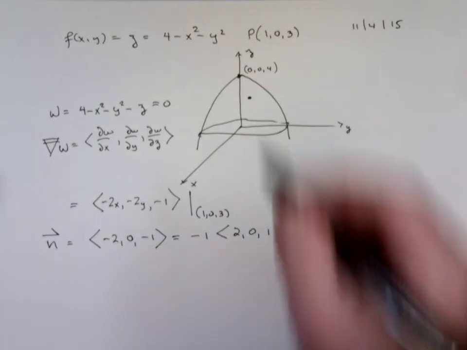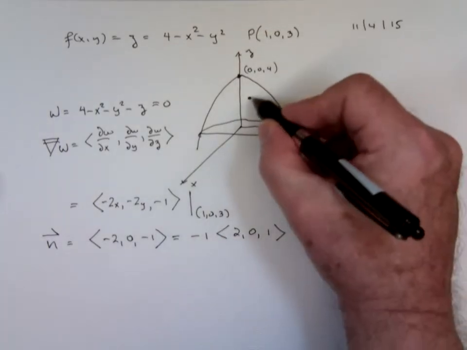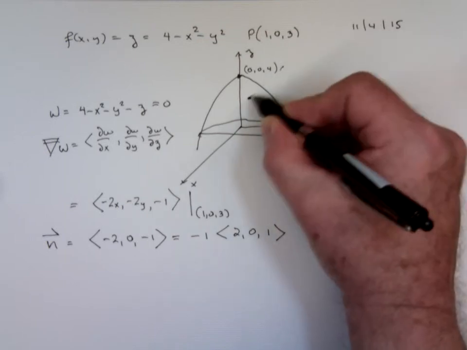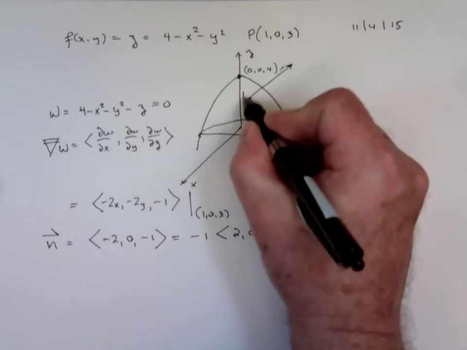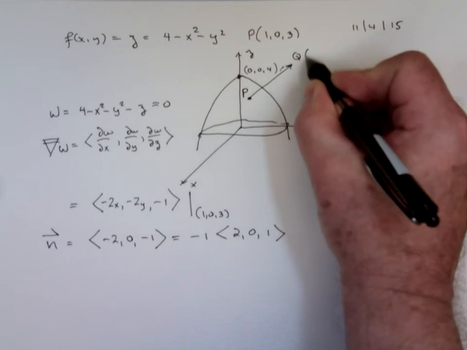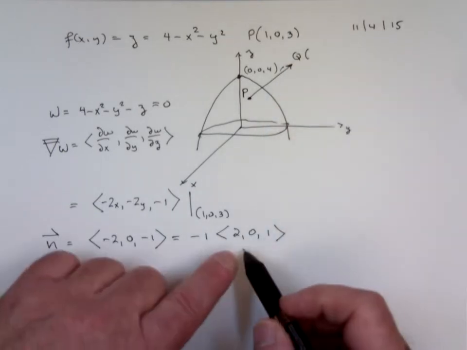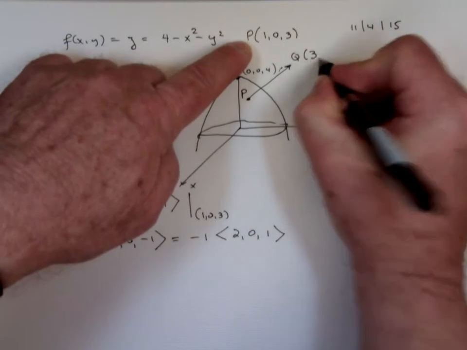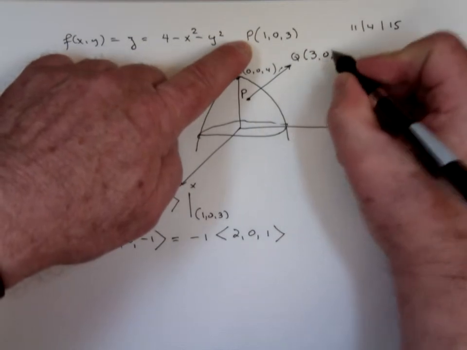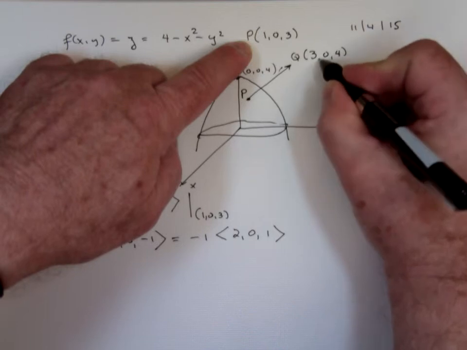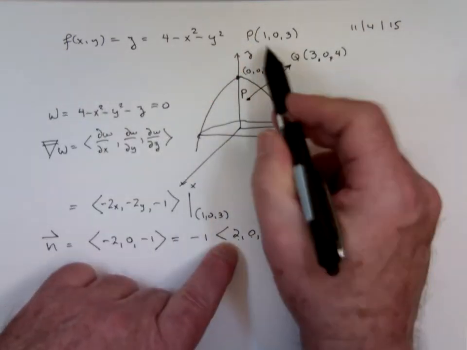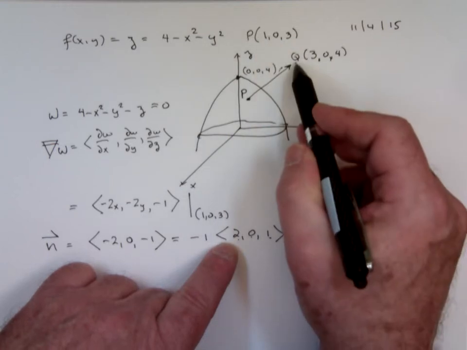And what I did on the other one, I took a second point so I could draw the arrow. Call this P, and had a second point Q. I found point Q by adding (2, 0, 1) to this point (1, 0, 3) to get (3, 0, 4).